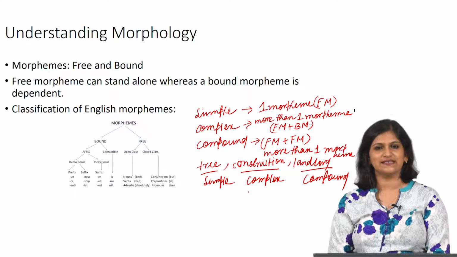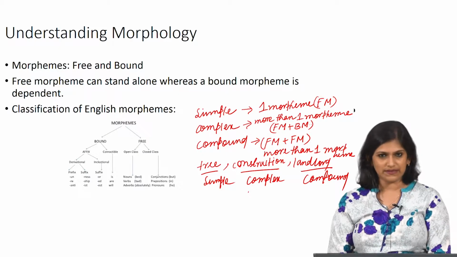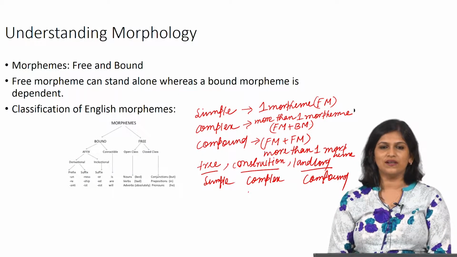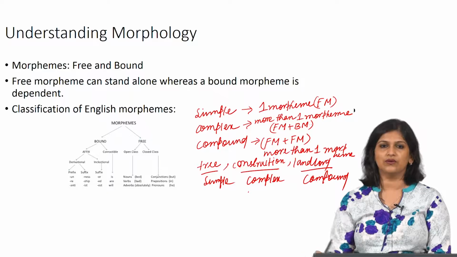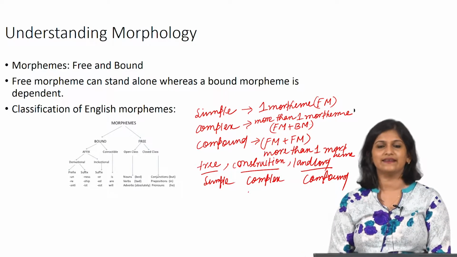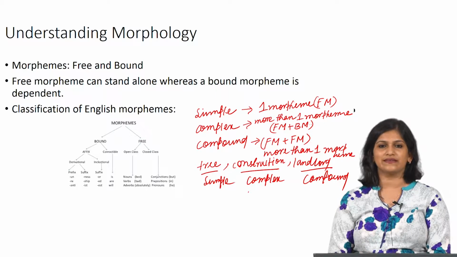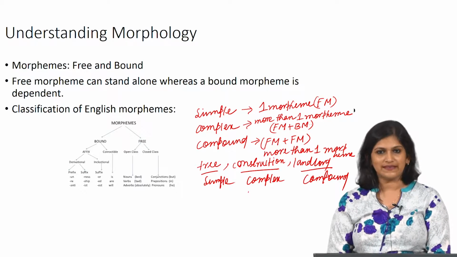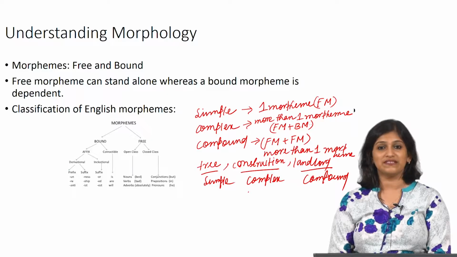Why typological study is important, that also we have discussed, considering the world speaks around 6,700 languages. We must be aware of the fact that not all languages belong to the same category or the same type.